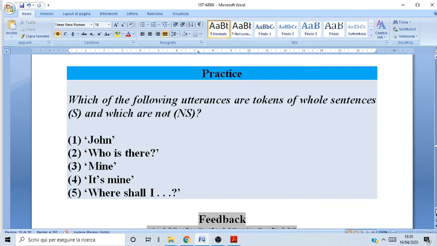Number 4, it's mine. And number 5, where shall I? So, if we want to pick out all the ones that can be sentences, we can just say that number 2, who is there, and number 4, it's mine, are full sentences. So you could indicate them with an S.